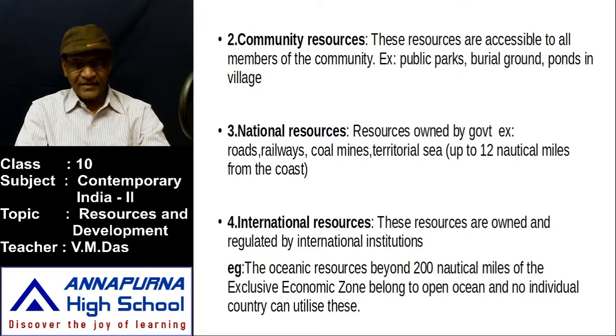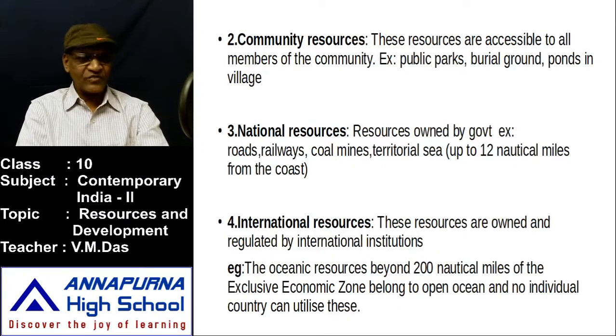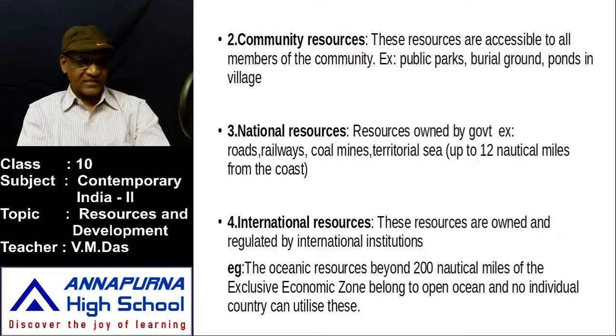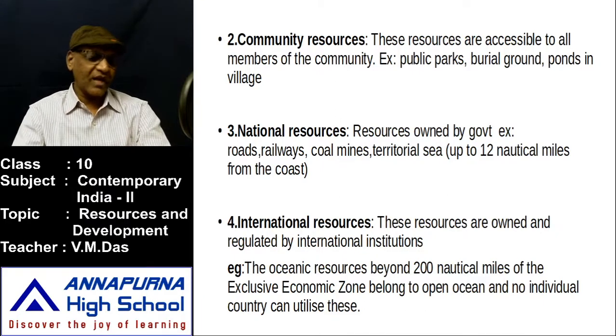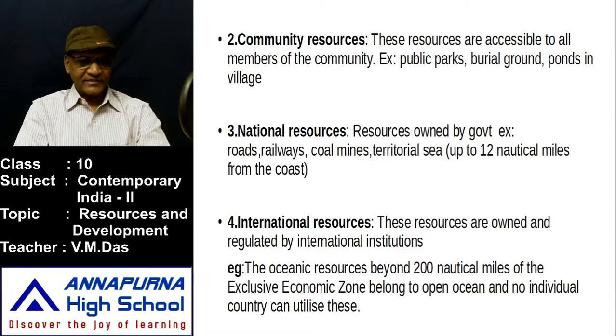territorial sea. And regarding the territorial sea, up to 12 nautical miles from the coast, the nation or the country enjoys the power. Beyond that, the waters go under international waters.